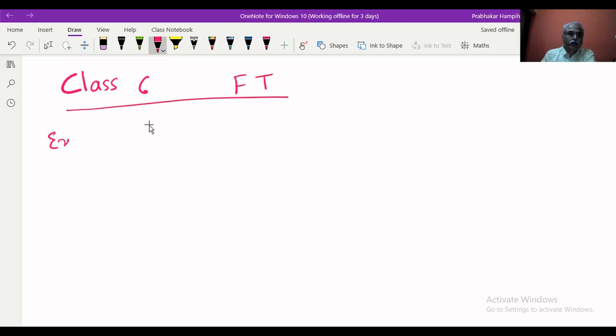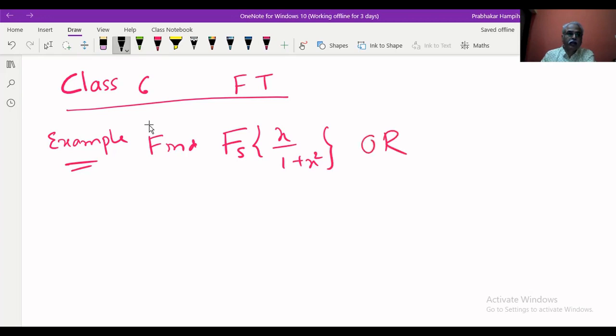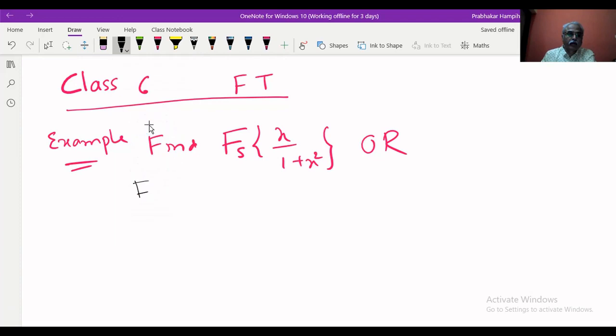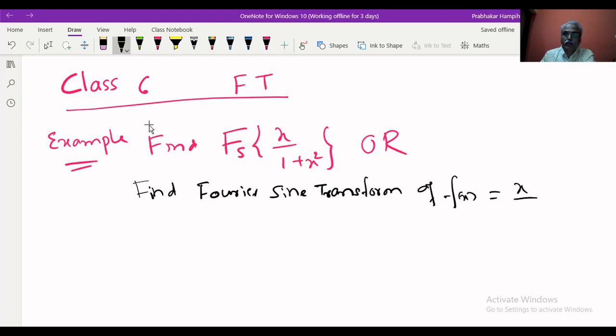So in today's first example, we are to find the Fourier sine transform of x by 1 plus x square, or sometimes this may be asked like this: find the Fourier sine transform of f of x equal to x by 1 plus x square.